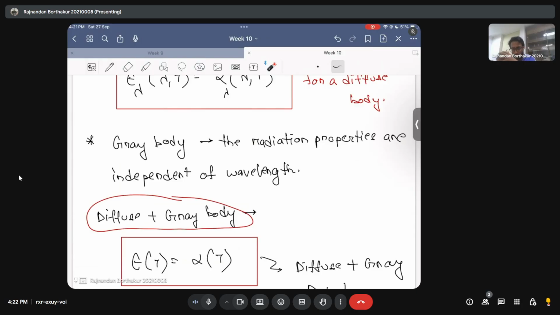I have not discussed that because it has already been discussed in the lecture classes, but that's where you get the law, which says that the wavelength corresponding to the maximum in the graph of E_b lambda versus lambda, times temperature, is always equal to a constant.